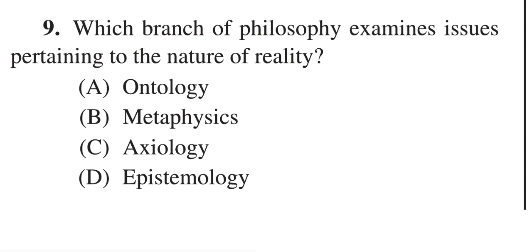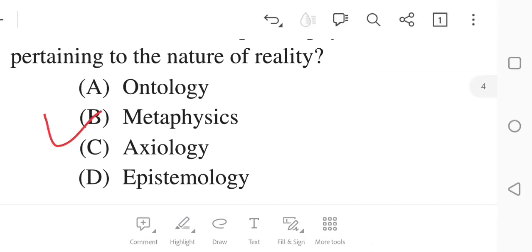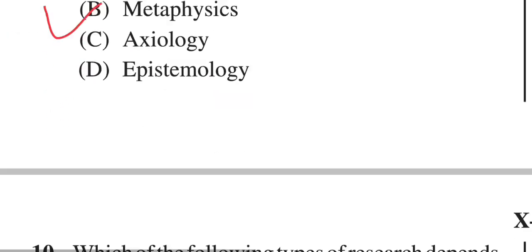Therefore, it is your duty to do deep research on these options. Okay, now let's try to find out our answer. Number 9. Correct answer will be B, that is metaphysics. You must have heard. If you haven't, then research it now. So metaphysics is the branch of philosophy that examines issues pertaining to the nature of reality.